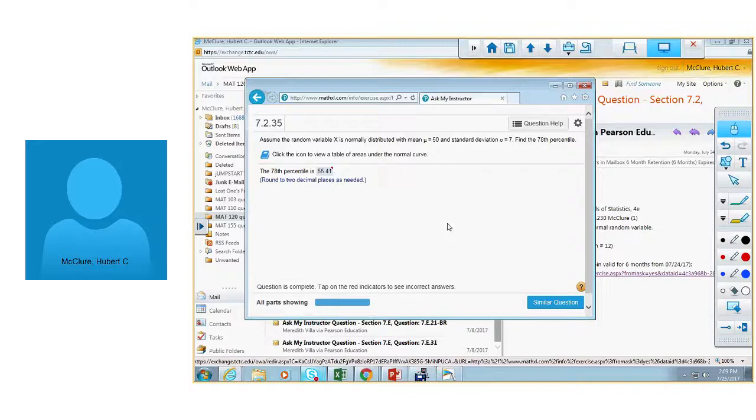This is inverse norm. That's why I'm going over it. What's it asking for? The z-score. If it's asking for the z-score, and they give you a percent or area or probability, or a percentile, then you know you're going to use inverse norm.